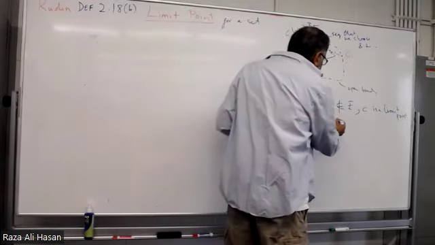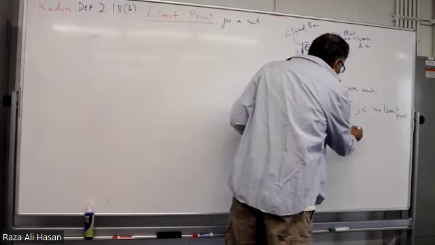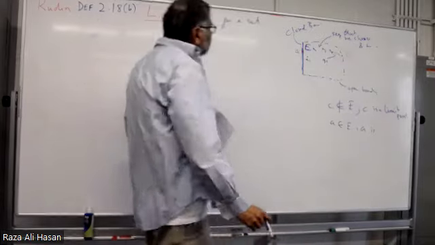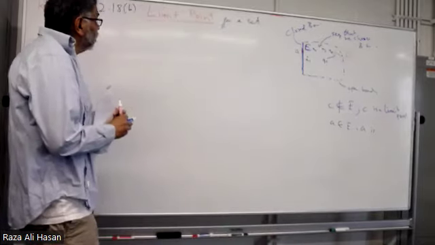Now let's look at A. A is an element of E. Is it a limit point? So we apply the definition.